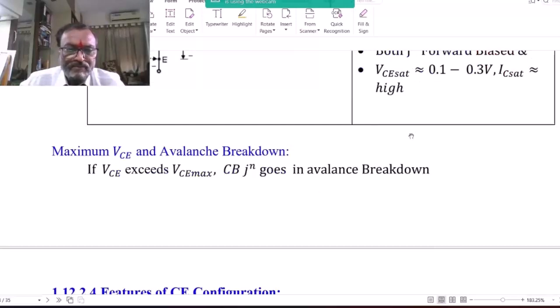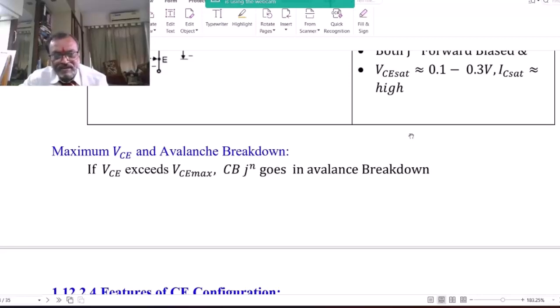Maximum VCE and avalanche breakdown. If VCE exceeds the value of VCE max, the collector to base junction goes into reverse breakdown region, because collector to base junction is a PN junction, and in active region we are applying the reverse voltage.